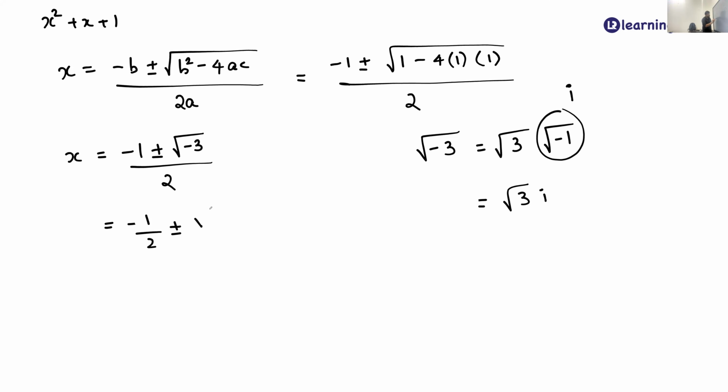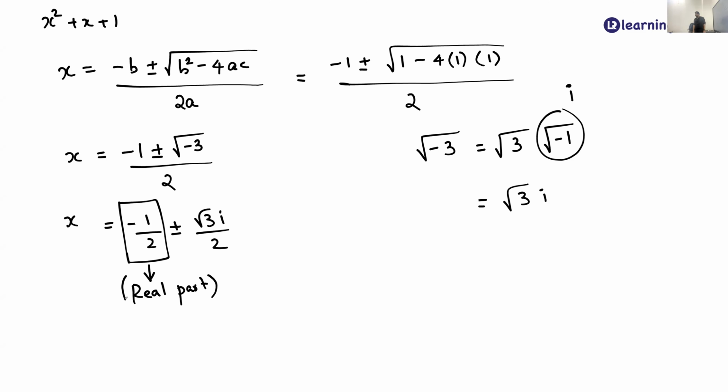How can I write it as root 3i divided by 2, where this x is going to be an imaginary root? This is going to be the real part. Why I call it the real part is because it is a fraction of two integers, a rational number.